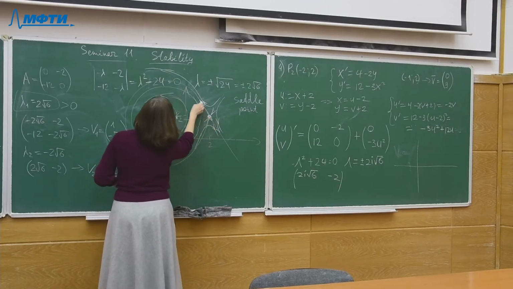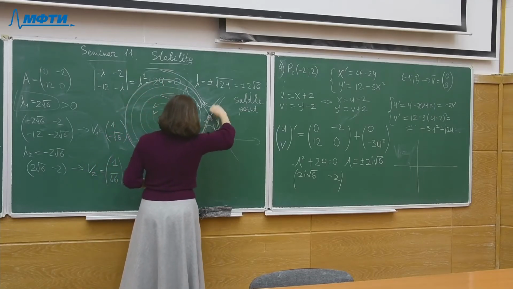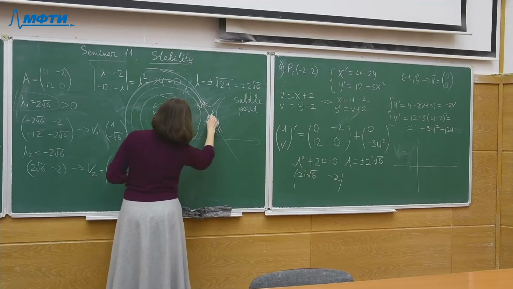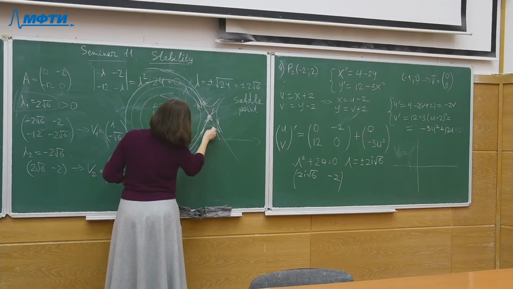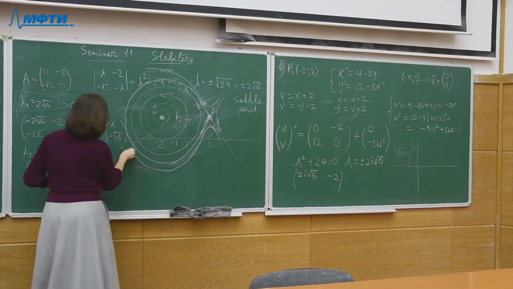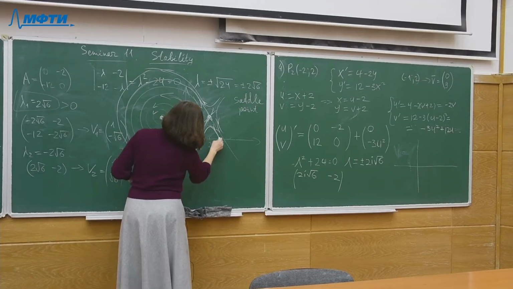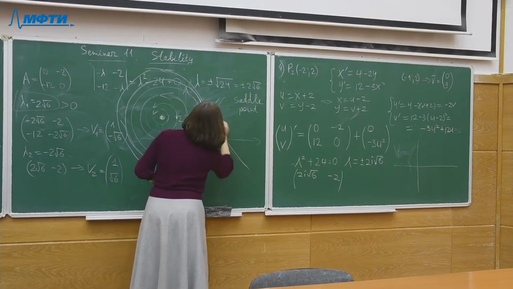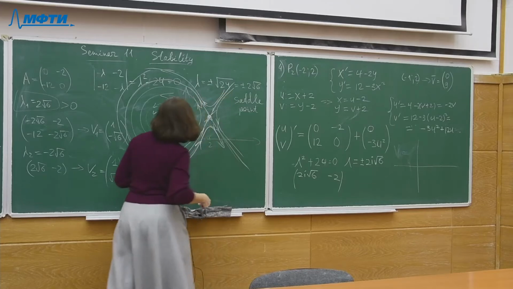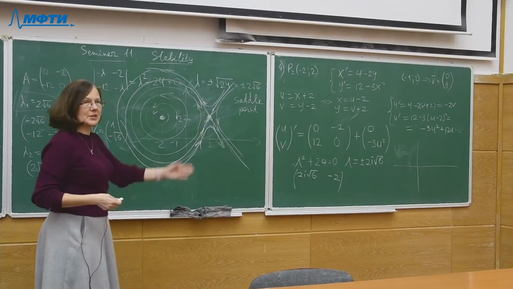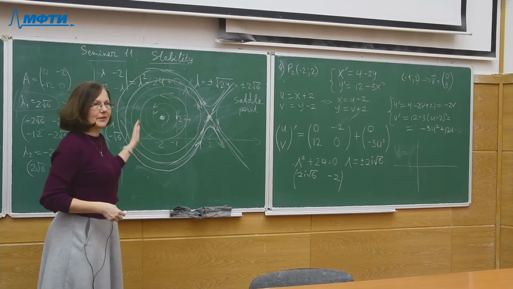Okay, so this trajectory goes this way, yes, then this way, right? Something like this. So this is the global phase portrait, but I'm not asking to draw the global phase portrait.